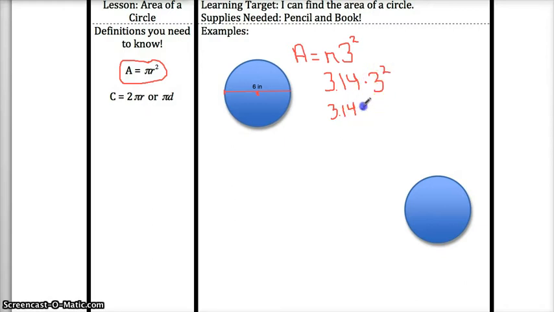That's a very common mistake when you're doing areas of circles. So 3 times 3 is 9. And 3.14 times 9, I'm going to do that real fast and solve it. Okay, so I just solved that, and I got 28.26. So my area equals 28.26 inches squared, because we're doing area still.